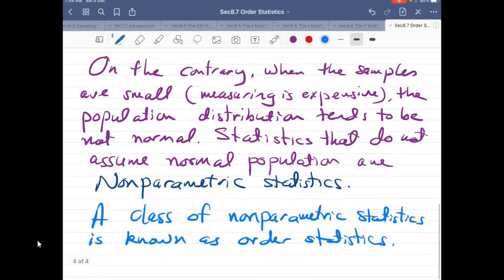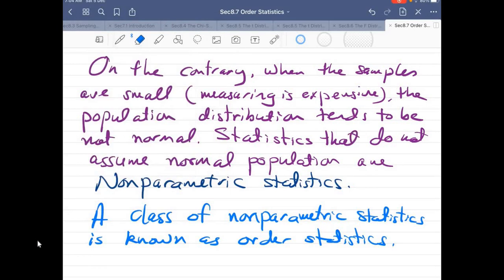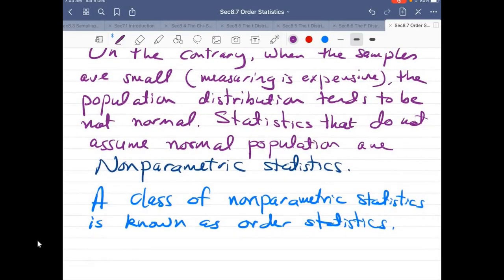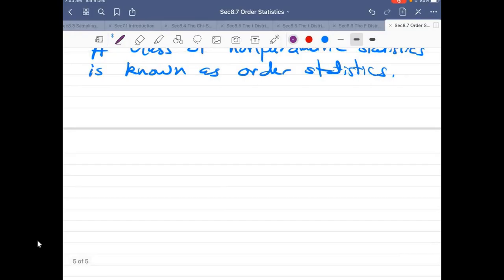What is the concept of the order statistics?